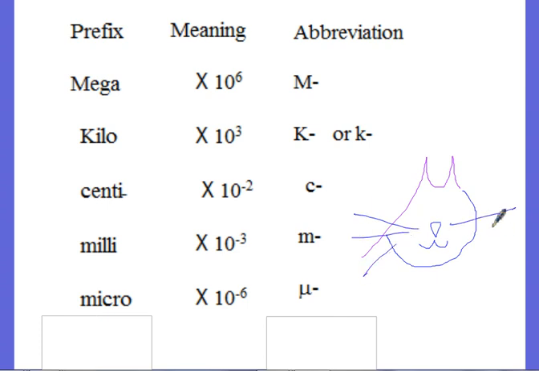I think they come in 3s, and then little almond eyes with vertical irises. And this little fella says mu. So there you go. That's how you remember. That's a mu. Get me to cat's ears.